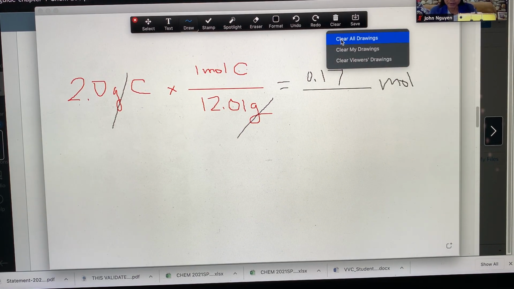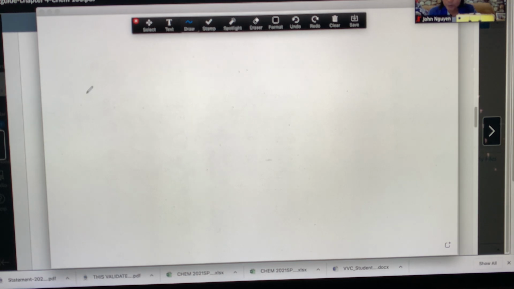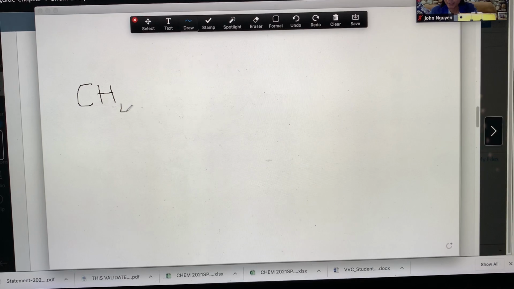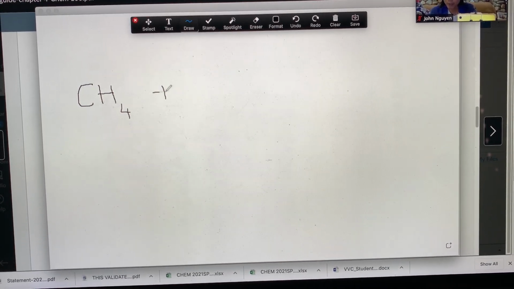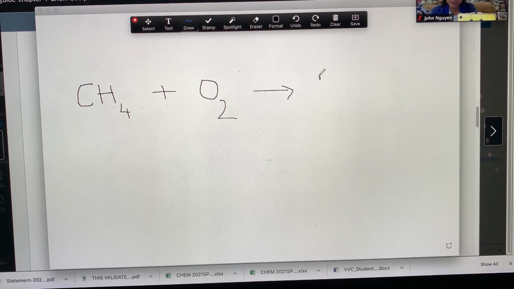balancing equations. Okay, so for example, if you take CH4, that's a gas, natural gas, methane gas. You react with oxygen, and you get CO2. This is known as a combustion reaction. So you always get those two, CO2 and water, for a compound with hydrogen and carbon only.